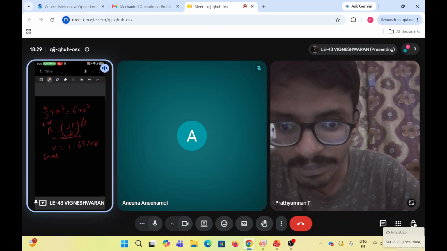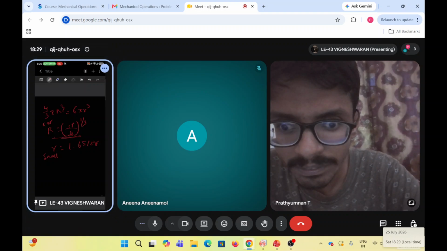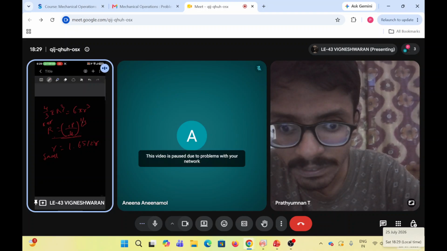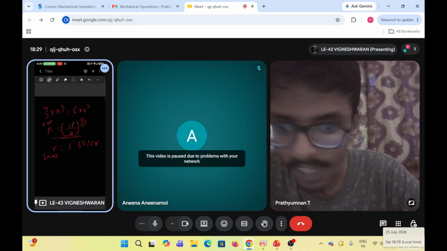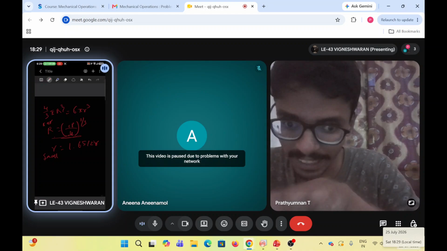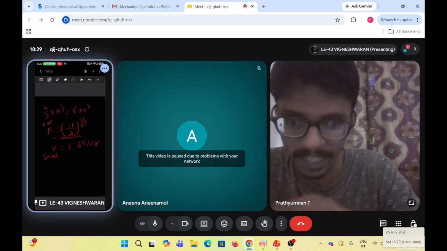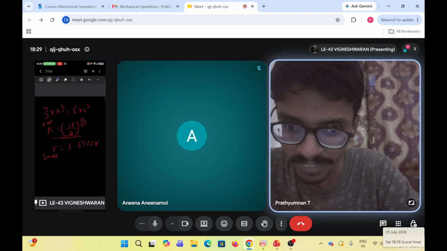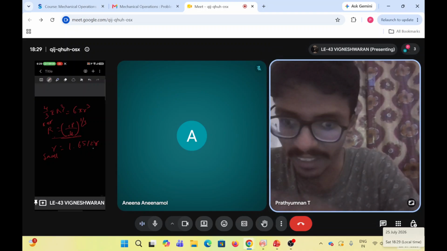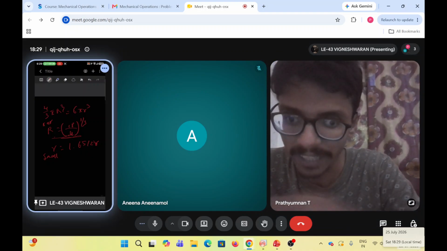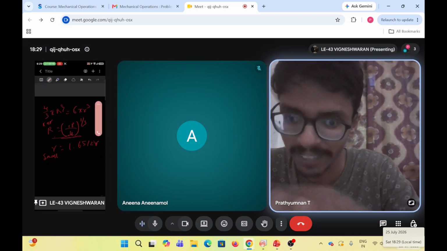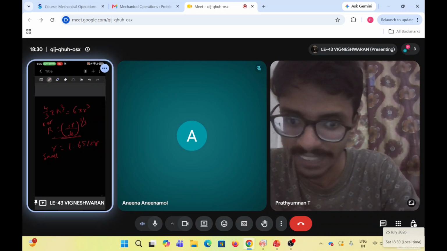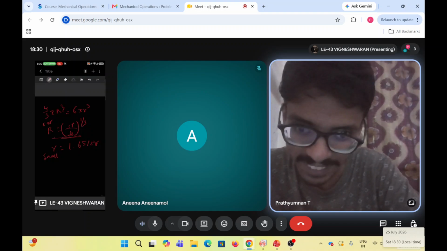This one is 18 by 4, whole power 1 by 3, fine. Pi will get cancelled, the pi in 6 pi, that pi. Yes, sir. That will get cancelled on both the left hand side and right hand side.